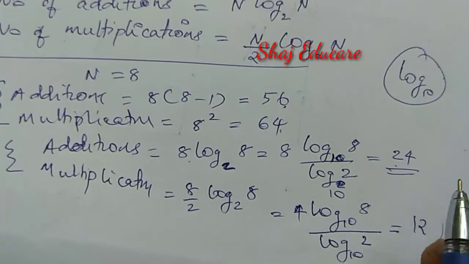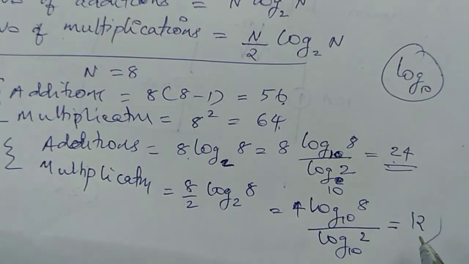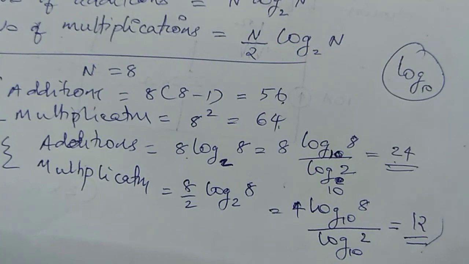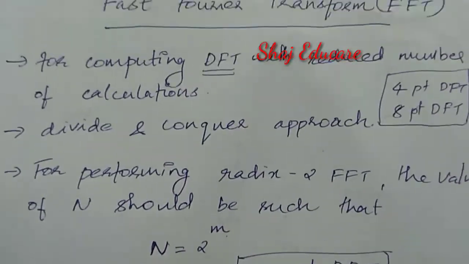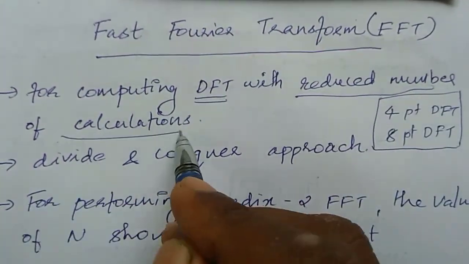At the same time, if we use the radix 2 algorithm, the number of multiplications to be performed is only 12. That is the meaning of the reduced number of calculations.